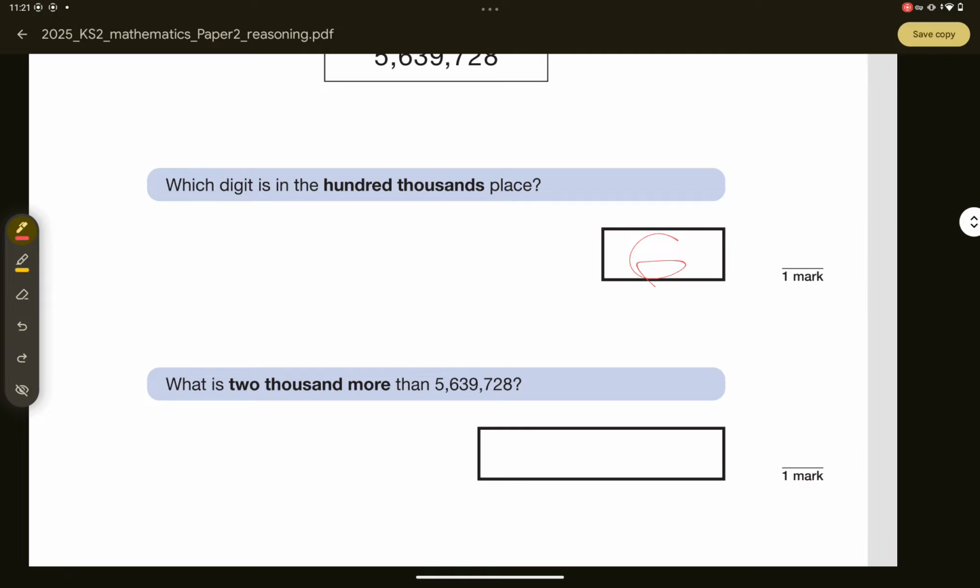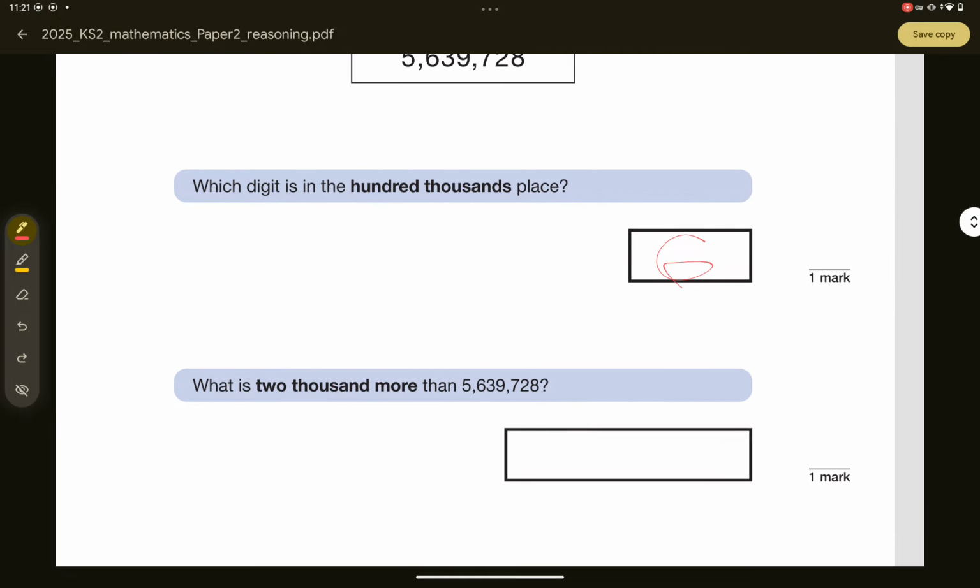What is 2,000 more than 5,639,728? So 2,000 in digits is this. So yeah, let me just do this. 5,639,728 plus 2,000, which is 8, 2, 7, 1.